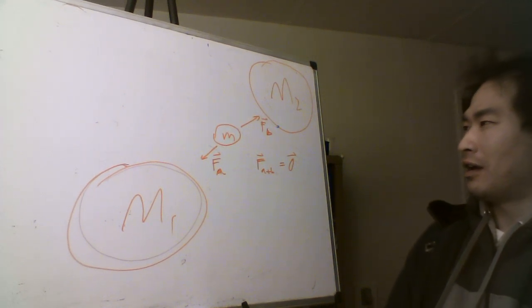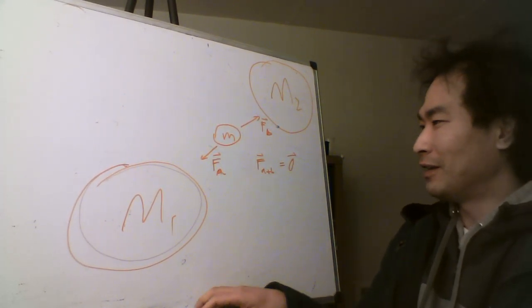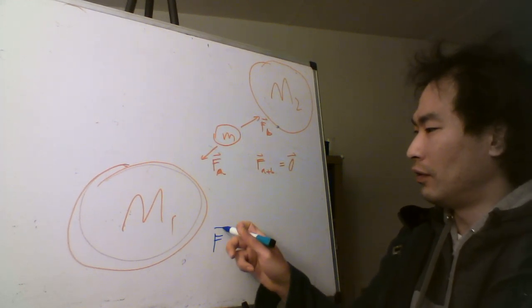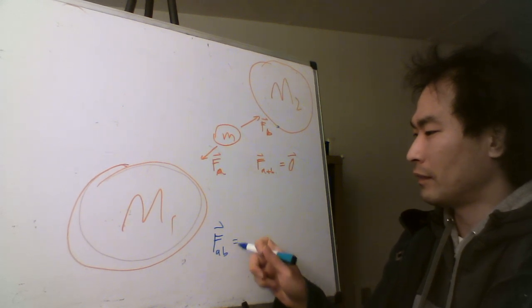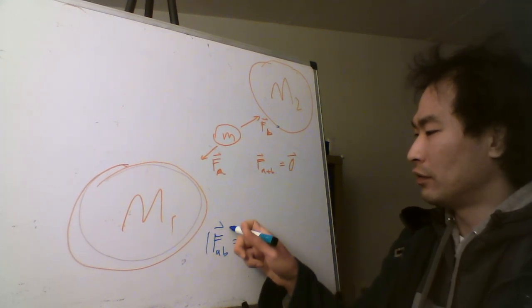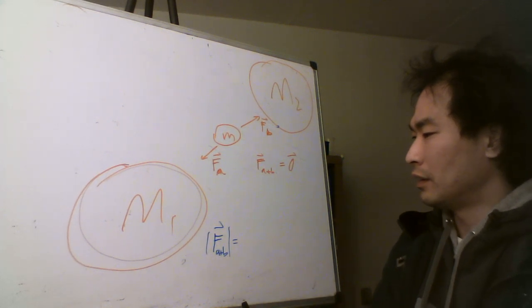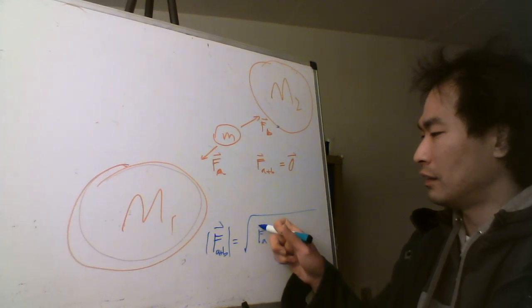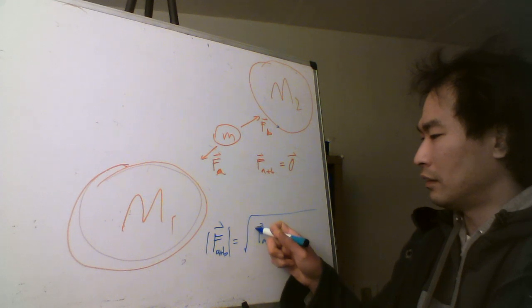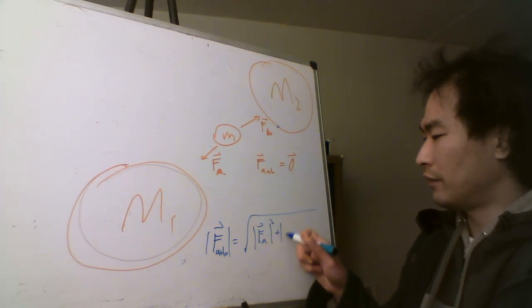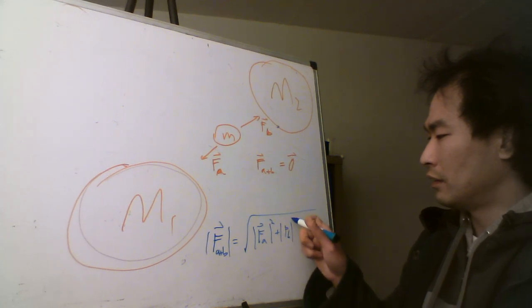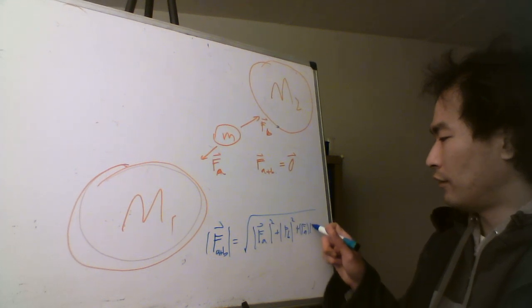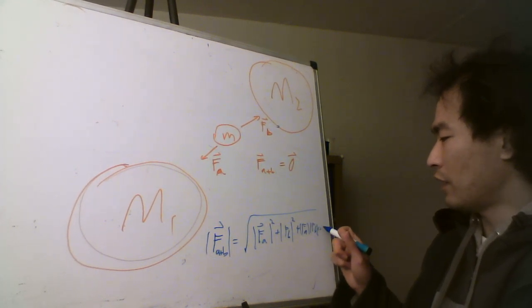Here, the absolute value of FA plus FB is equal to the square root of FA squared plus FB squared plus FA FB cosine theta, right?